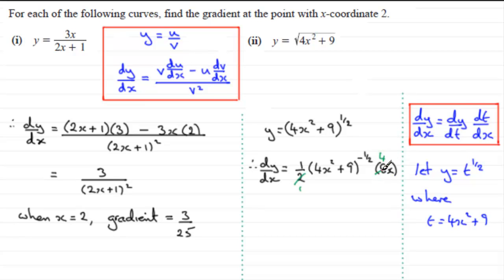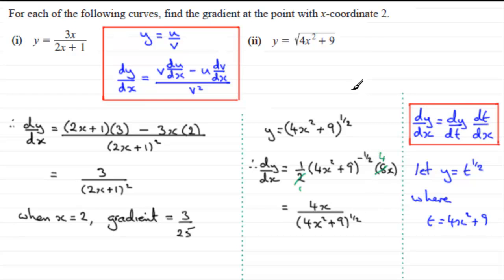So I'm left with 4x multiplied by 4x squared plus 9 to the minus a half. If I tidy that up, I end up with 4x over 4x squared plus 9 to the power half.